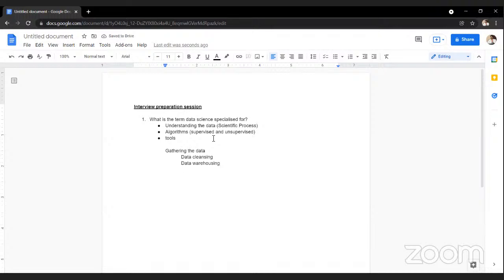Then data staging, and then data architecture. So these are all the steps we need to involve when the data is being gathered. After that, all those steps will be used for data cleansing and making the data into the proper format for the modeling part of our program.